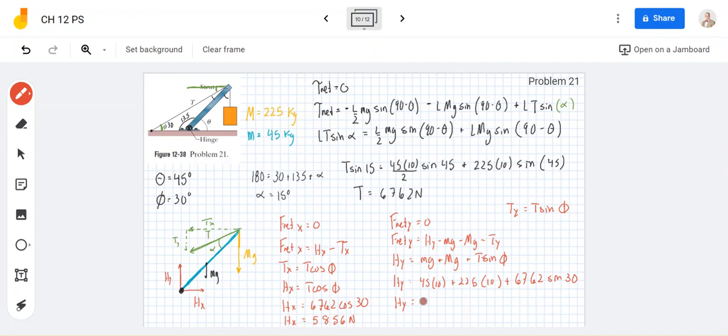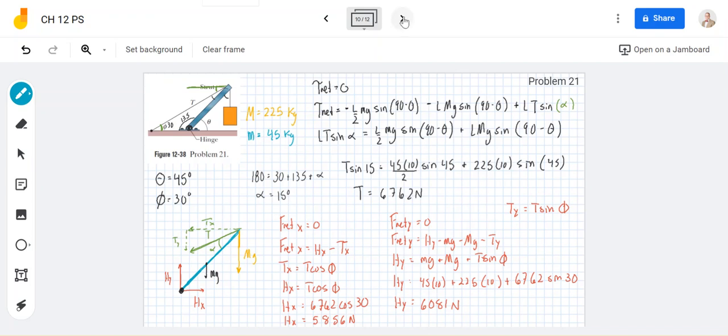And I got 6081 newtons. And I think that's all I asked for. A lot of times they'll ask for what is the total force by the hinge, and you would have to use a Pythagorean theorem, but this is good enough for now.